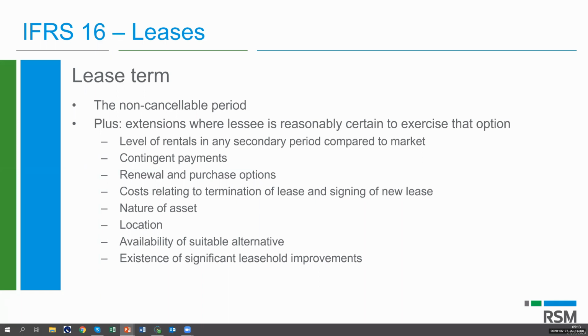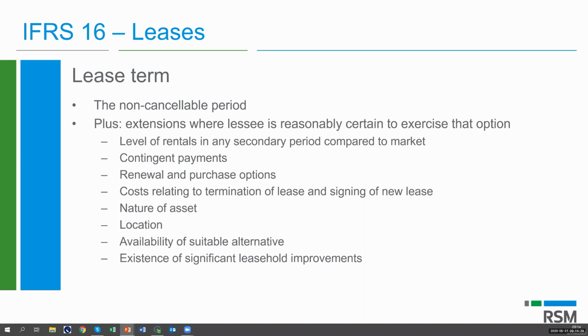The nature of the asset that you're leasing, often assets are very specific, and then it's going to be tough to argue that you're not reasonably certain that you are going to extend that lease if it is a specific asset that you are using or leasing. And then also location, maybe you're in a prime location and there's not a suitable alternative for you to be able to move to if it's a premises or a property.